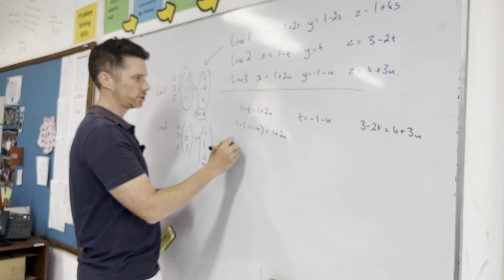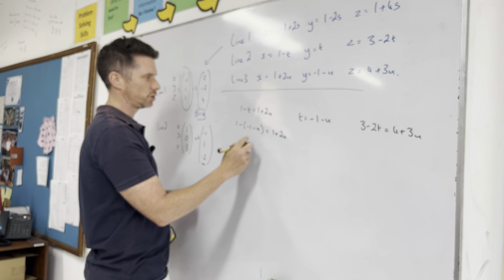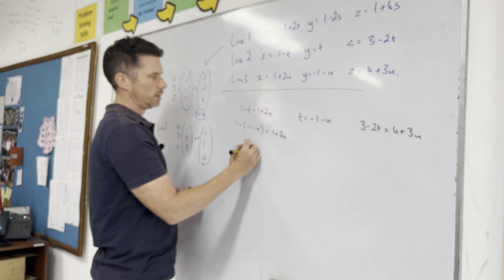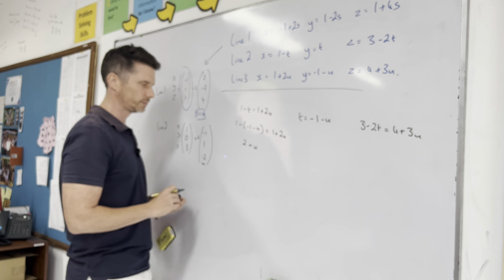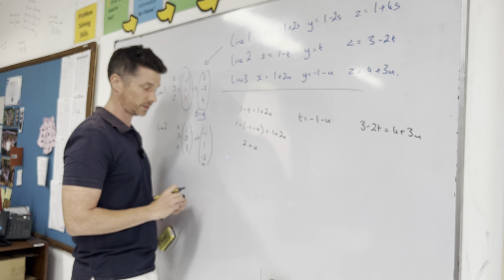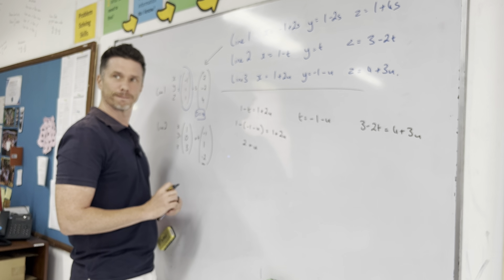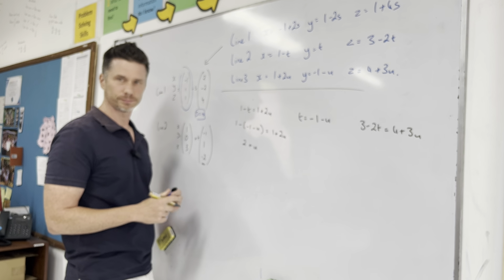So I should get an equation out of this. 1 minus minus 1 is 2, and 1 minus minus U is plus U. So I get 2 plus U, I think, out of this. Just make sure I've done that right. Well, isn't it 1 minus minus 1 minus U? So it's just 2 minus U? No, you're subtracting a negative U as well.